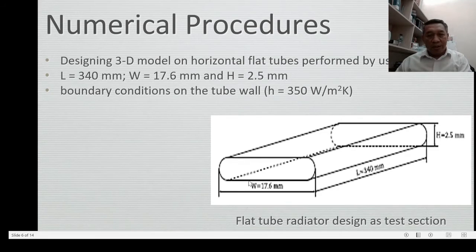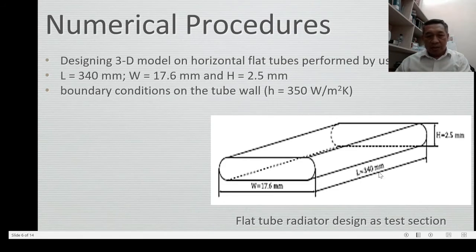The geometry is 340 millimeter in length, 17.6 millimeter in width and 2.5 millimeter in height. The boundary condition on the tube wall is 350 watt per meter square Kelvin.